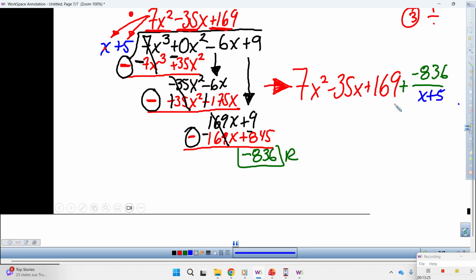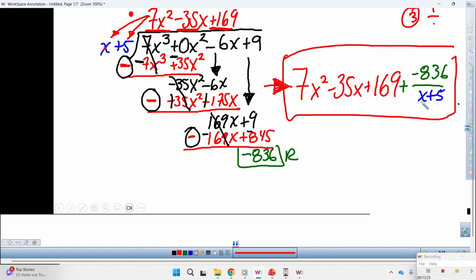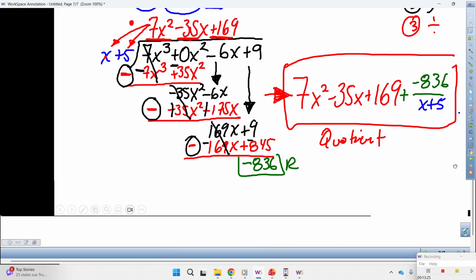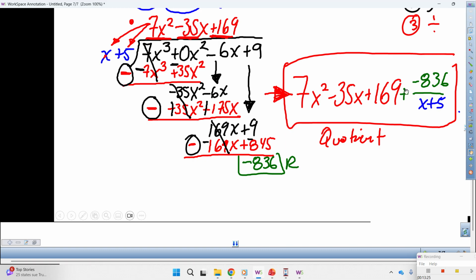Let's go. I love these. And this is our quotient. All right, before I ask you to submit this, talk it over to your neighbor, let them know how we ended up writing this. Explain it to them, please.